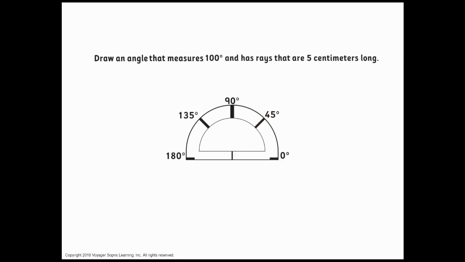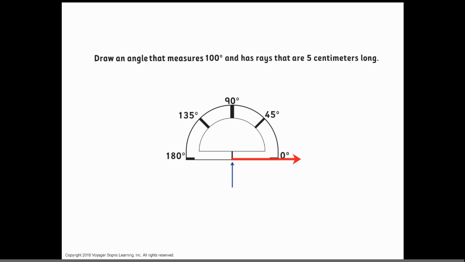Let's draw another angle. This time we'll measure 100 degrees and the rays will be 5 centimeters long. We'll begin again by drawing the horizontal ray that is 5 centimeters long with the end point at the center bottom mark on the protractor. So from right here through the 0.